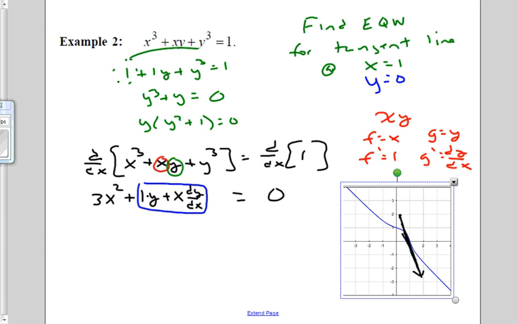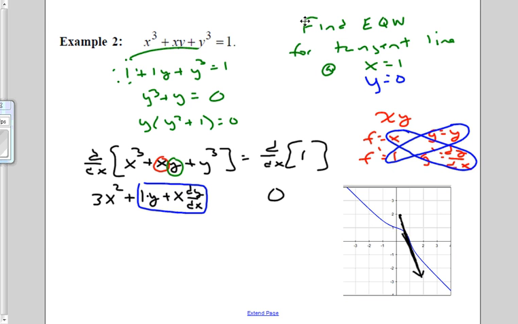And so we got 1 times y plus x times dy dx. Okay, now we need to take the derivative of that y cubed, and we know that that's going to be plus 3y squared using the power rule times dy dx.